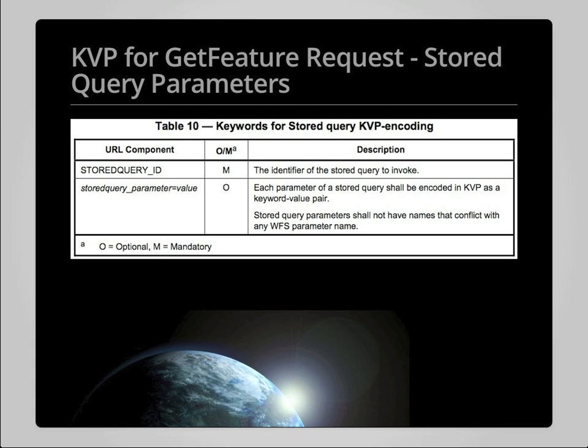And finally, we have essentially the set of keywords that relate to using stored query parameters that have been previously added to the web feature service, where you can, instead of presenting an ad hoc query, as we saw in the previous slide, refer by an identifier to an existing stored query on the system, where you are required, if you're going to be using a stored query, to provide this stored query ID parameter and its corresponding value, and optionally a set of stored query parameter values that are potentially inputs into that stored query.